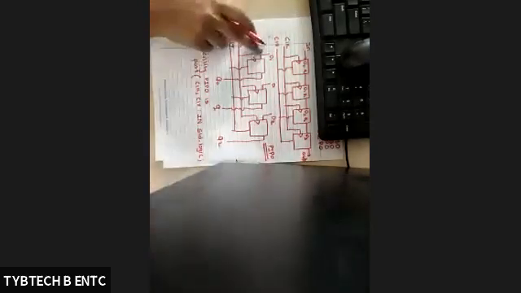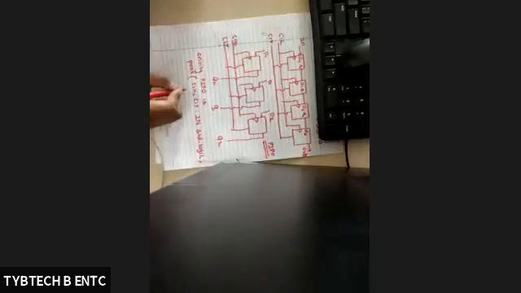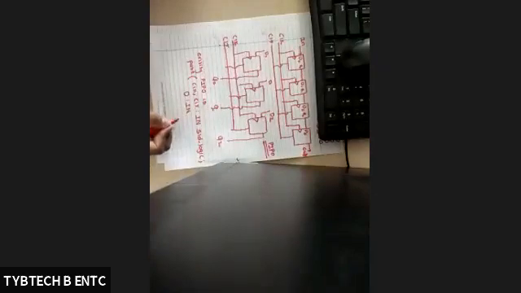Next is the main input signal, that is D0, D1, D2, right? So you can write down D0, D1, D2, or instead of that, you can write down only D. Again, it is an input signal and it is a 3-bit signal.